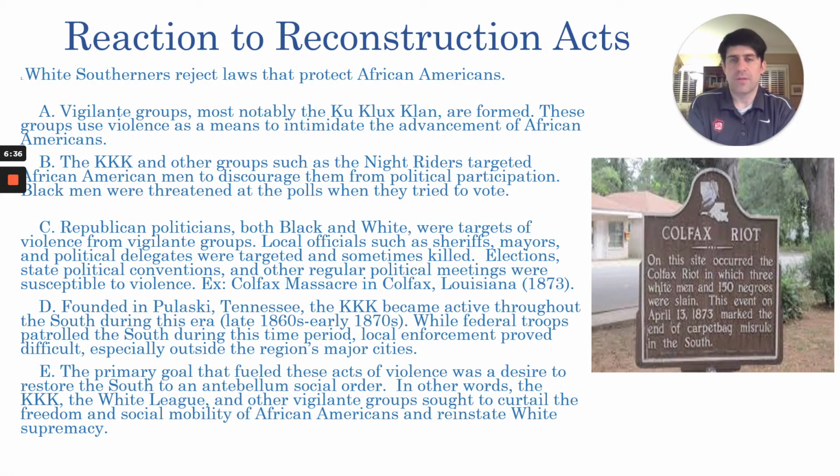Black men were threatened at the polls when they tried to vote, and black men as well as black women and white men and women who were seen as supportive or aiding their African American counterparts in the region during this time were also targets of violence from vigilante groups. And there were some very violent acts that took place across the South during this time by these groups.